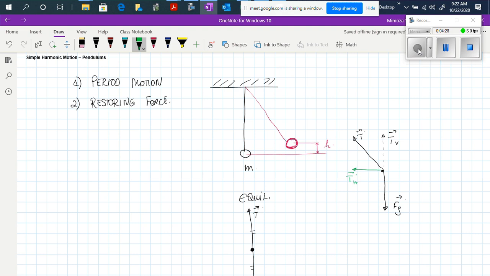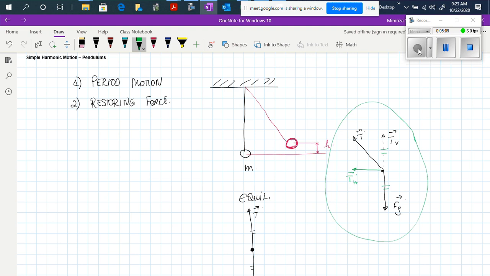Now, since the object is not moving up and down, because we bring the object to a certain height and then release the pendulum from that height, what we notice is that the free body diagram is the one that we see here. Right at that moment, the object is not going up. The vertical component of the tension and the force of gravity are equal to each other.